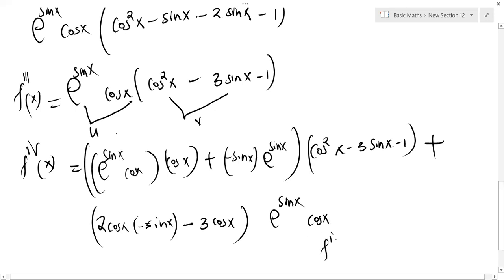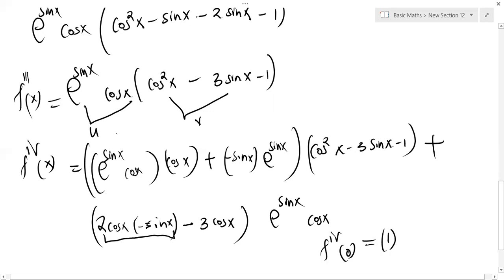So what is our f fourth prime of 0? Let's replace x with 0. Replacing 0 here we get 1. Replacing 0 here where the sine is, the whole of this will be 0. The whole of this will be 1. So we'll have minus 3 here, but let's start from here. Replacing 0 here, 1, 1. Replacing 0 here, we'll have 0. So 1 plus 0, we have 1. Then replacing 0 here, we have 1.